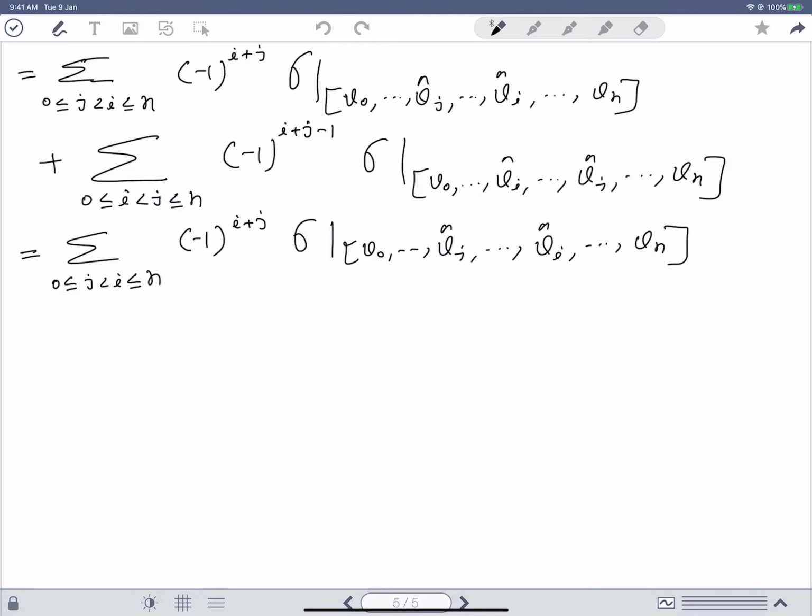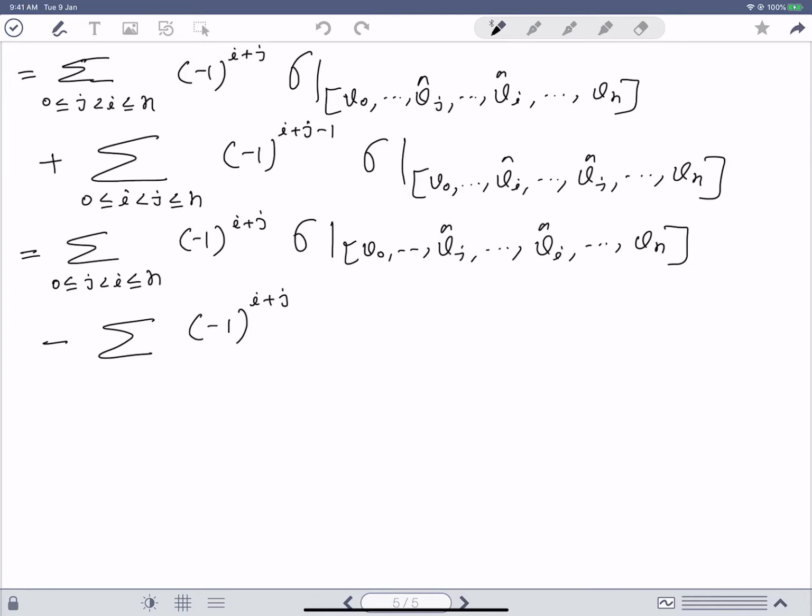Okay, and in the second term we change i and j, so it will be j plus i minus 1, so it will be i plus j as well, right? So you can take minus summation, minus 1 power j plus i minus 1, so we can write here it is i plus j, and we take the minus 1 here.